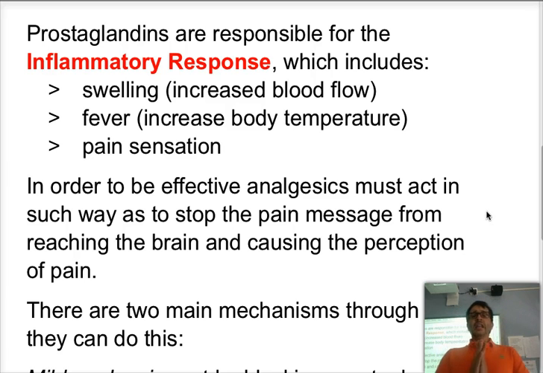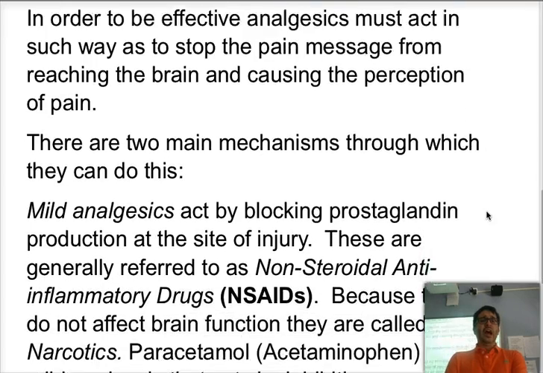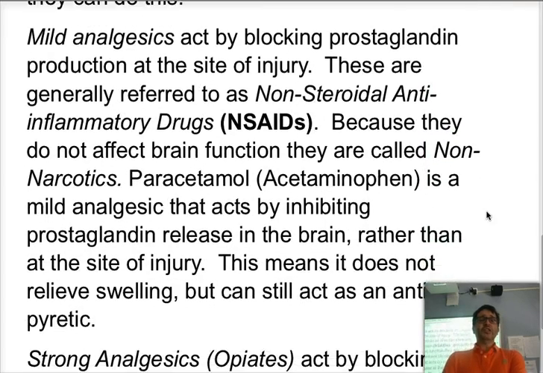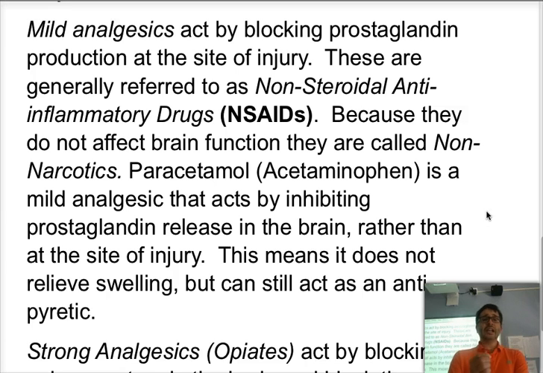So an analgesic must be able to stop the pain message from reaching the brain and actually being perceived, being analyzed as pain. So there's two general mechanisms through which this happens. Mild analgesics tend to do this by blocking prostaglandin production at the site of injury. So the prostaglandins are not released, or they are broken down, and therefore they cannot activate the pain receptors.